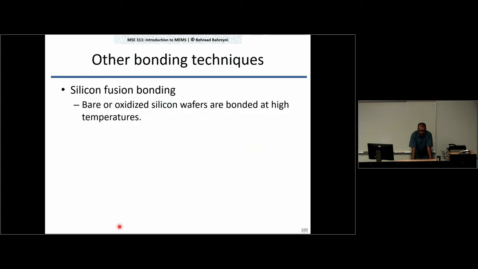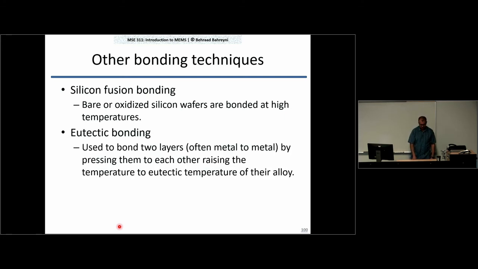Silicon fusion bonding is basically bonding two silicon wafers at very high temperatures, silicon to silicon. You may have a layer of oxide in between them. Eutectic bonding is between metal and metal. So some metals like gold and tin, they have an alloy whose melting temperature is below the melting temperature of both gold and tin.